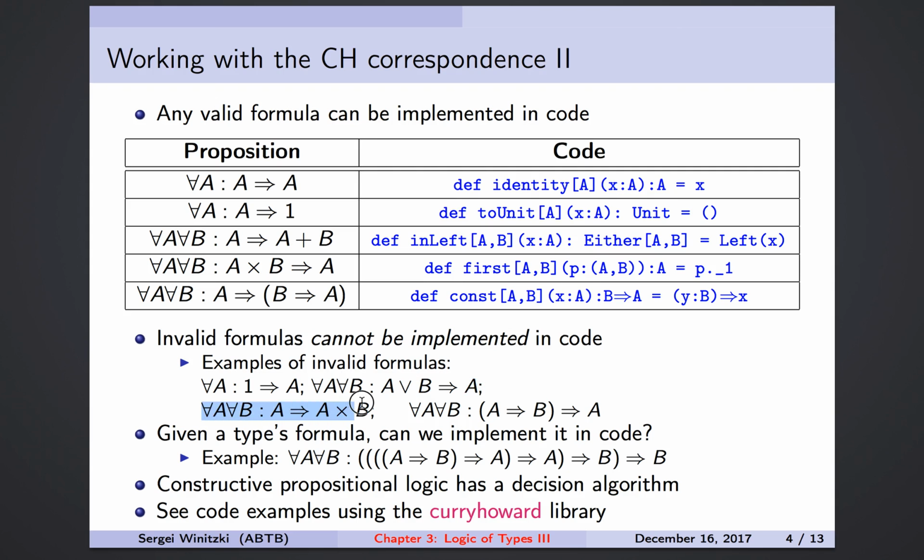Another example of an invalid formula is this. From A follows A and B. So how are you going to get B? You're supposed to produce A and B. So A you have, but B you don't have. Again, the same problem. You're supposed to produce something you don't have.